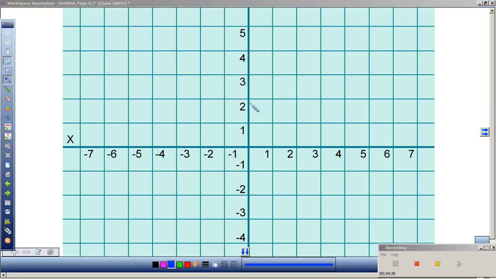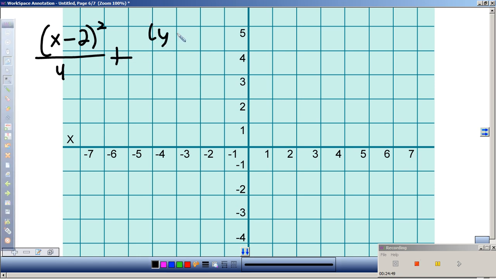Okay, so graphing. What I expect, let's see, x minus 2 squared over 4 plus y minus 1 squared over 9 equals 1. So, first, where's the center? 2, 1.